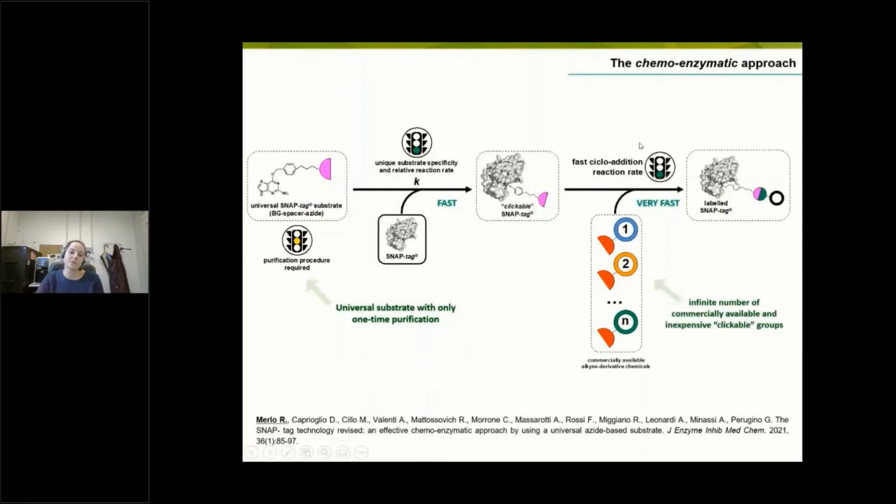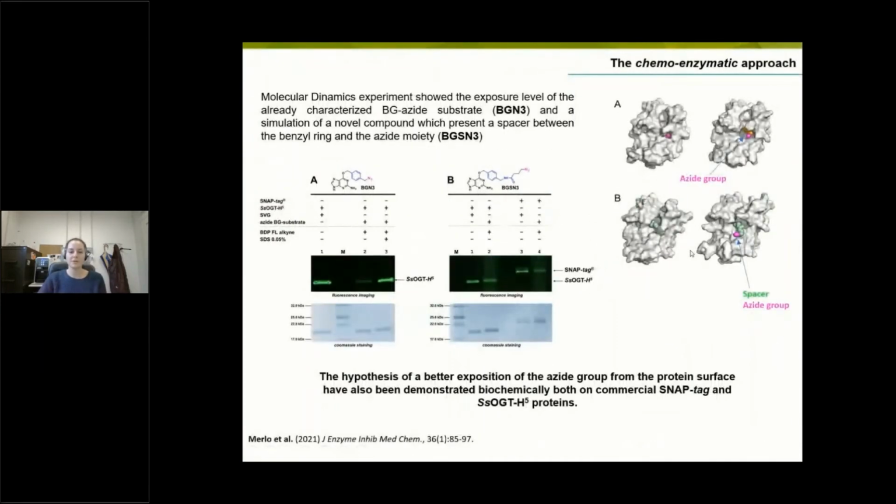And the second is a chemical reaction that occurs between the azide moiety and a variety of alkyne or DBCO derived molecules through a cycloaddition, or click chemistry, reaction. We're starting from the idea that to have a better efficiency of the chemical reaction in particular, the azide group should be exposed to the solvent.